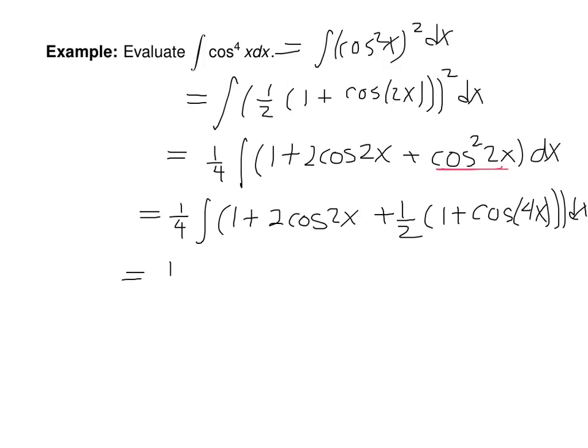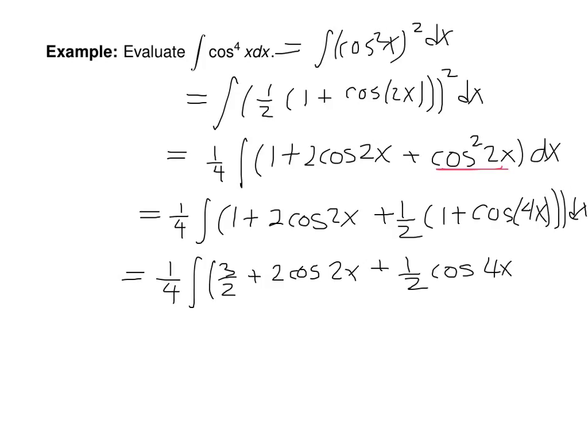Distribute the 1/2 and combine like terms. We end up with 3/2 plus 2 cosine 2x plus 1/2 cosine of 4x.